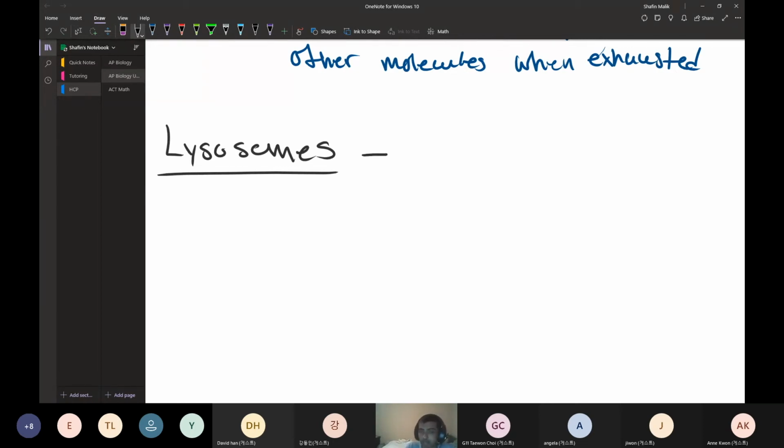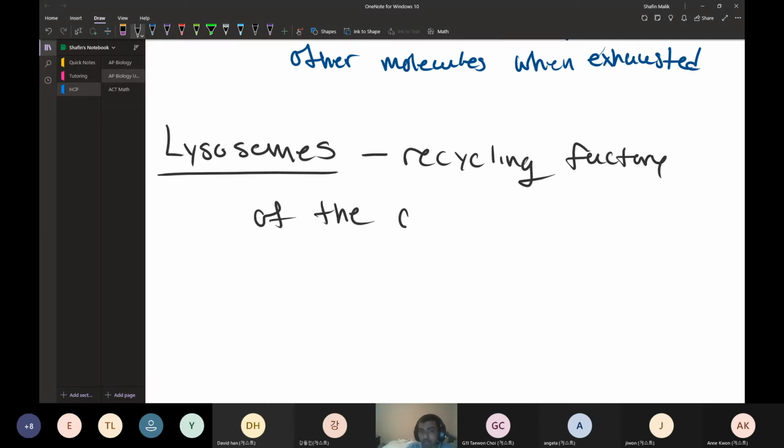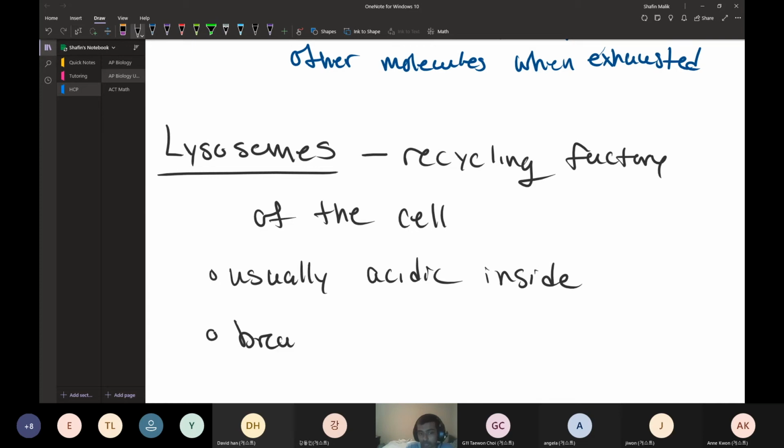If you want to think of it in the simplest terms, it is the recycling factory of the cell. It is usually acidic inside and breaks down anything that enters.